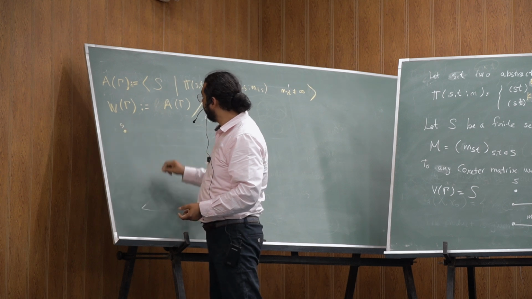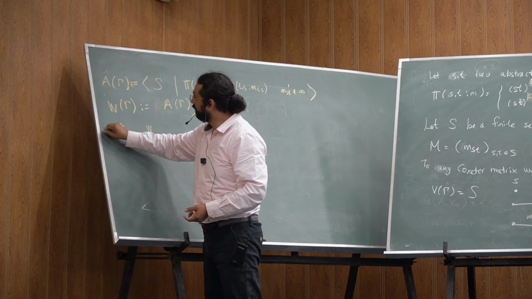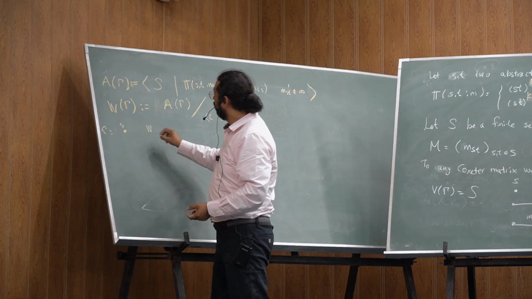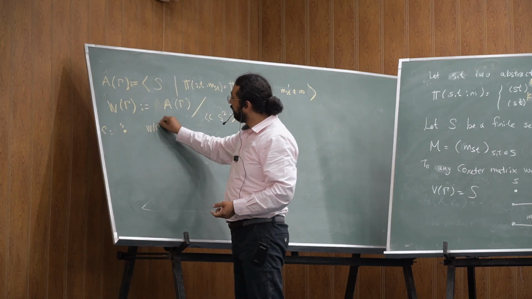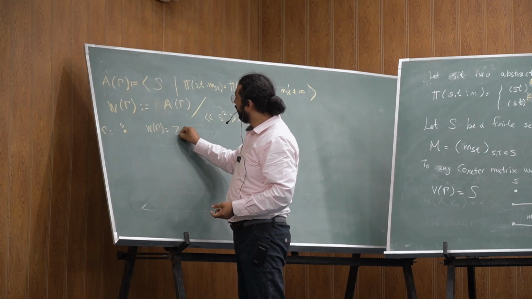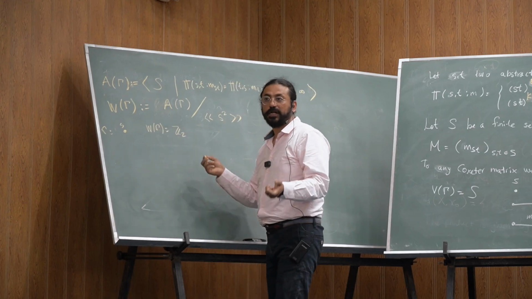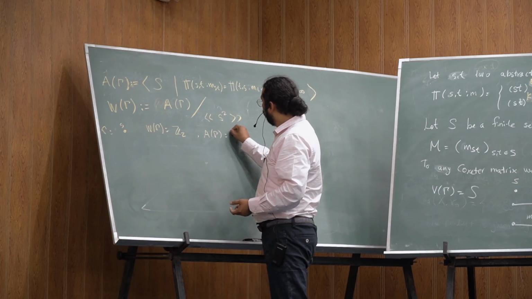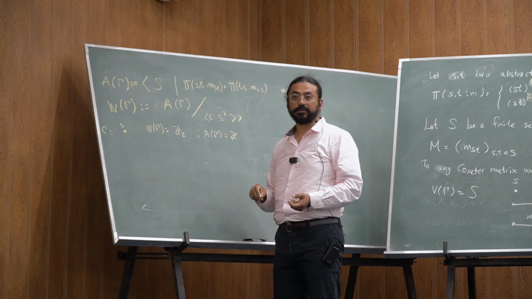If we put one vertex, who will be W of gamma in this case? It will be Z2, right? And the Artin group of gamma will be Z, the integers. Okay?